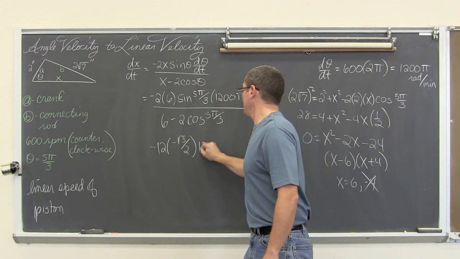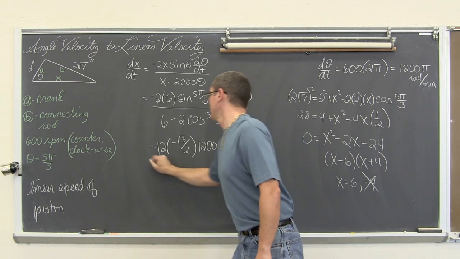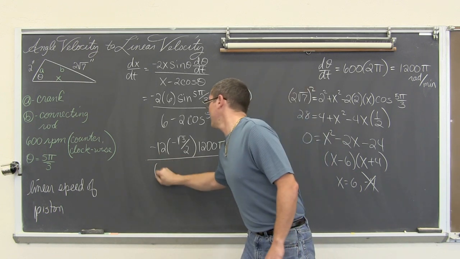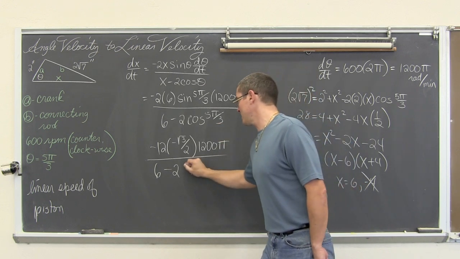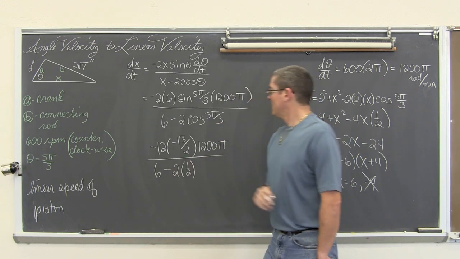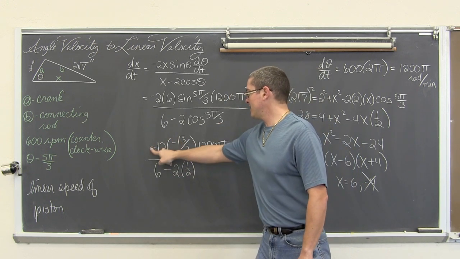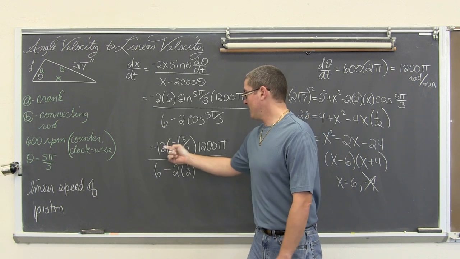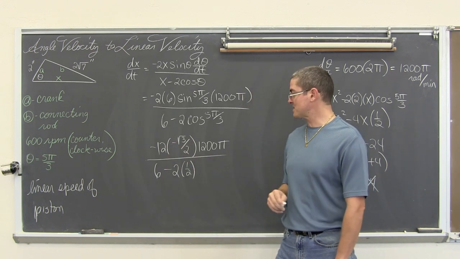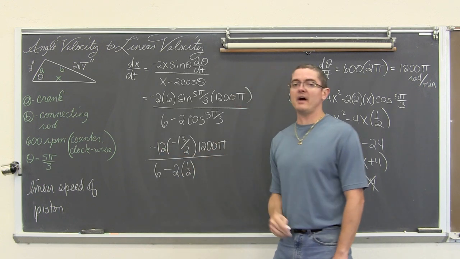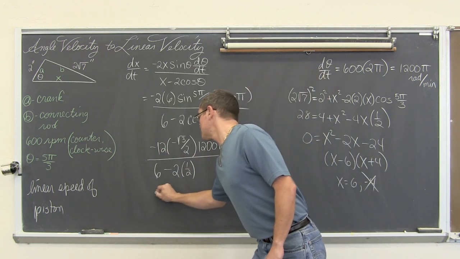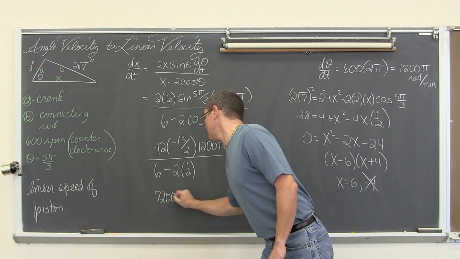And we have 1200 pi over, that'd be a lot of pi to eat, 6 minus 2 times the cosine of 5 pi over 3, which is again 1/2. We've got negative times negative is positive, and we have 12 divided by 2, which is equal to 6. And we have 6 times 1200, so that's going to be 7200 pi.